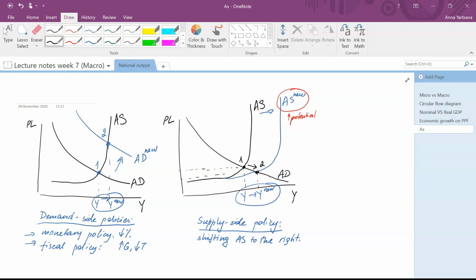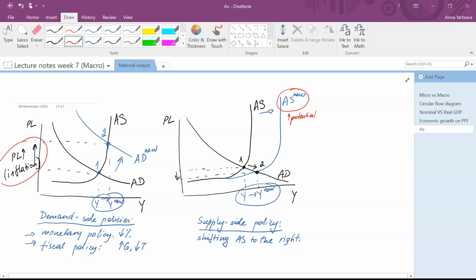Have a look. As we move from point 1 to point 2, by pursuing expansionary demand side policy, we will stimulate inflation. Price level will go up. In other words, we will suffer from inflation, which will be the downside of the demand side policy.